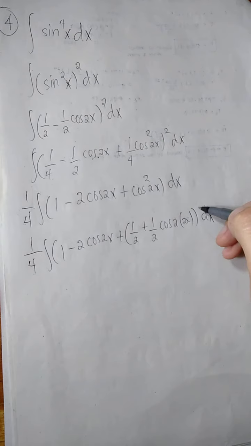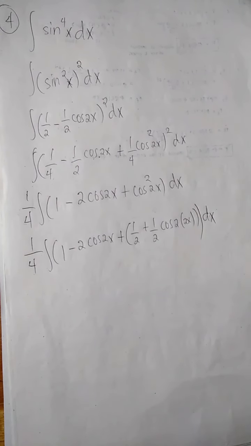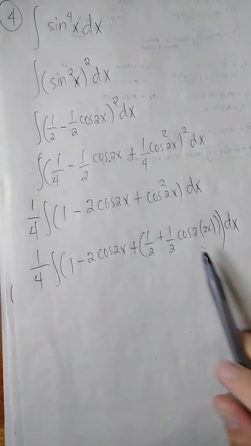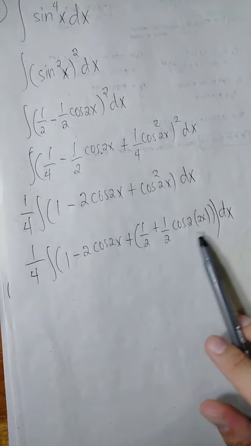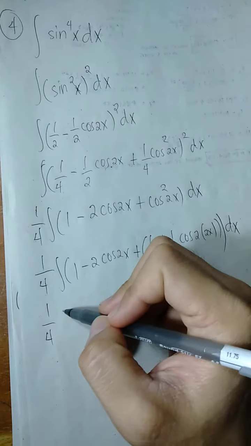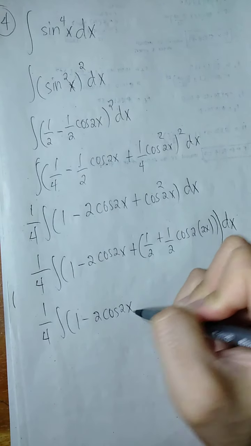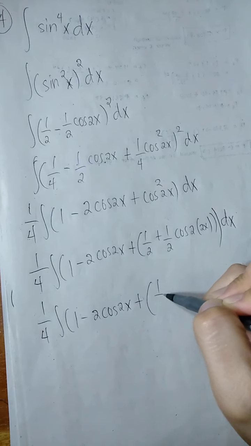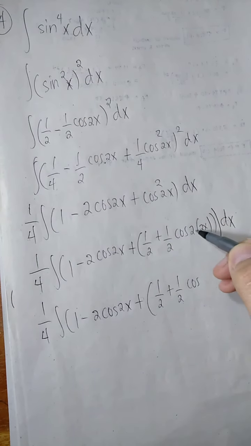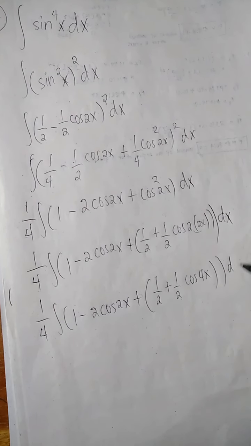Tama. Ayan. So kulang pa ng parenthesis. Ayan. So dito guys, very crucial yung parenthesis. So dapat alam nyo kung ilang parenthesis ang ilalagay natin. Ayan. So of course, we can multiply this one. So magiging cosine 4x na yan. So if we rewrite this one, 1/4 integral of 1 minus 2 cosine 2x plus 1/2 cosine 2 times 2, so that's 4x already, dx.